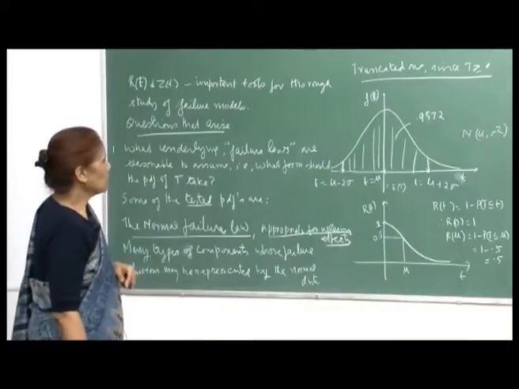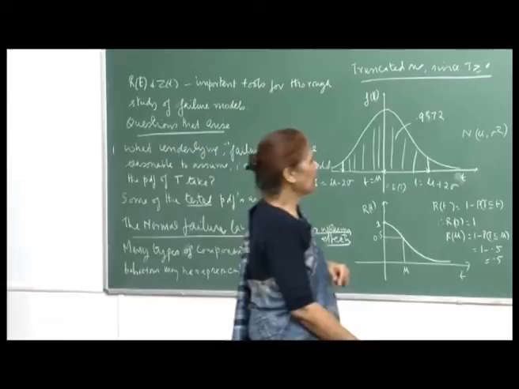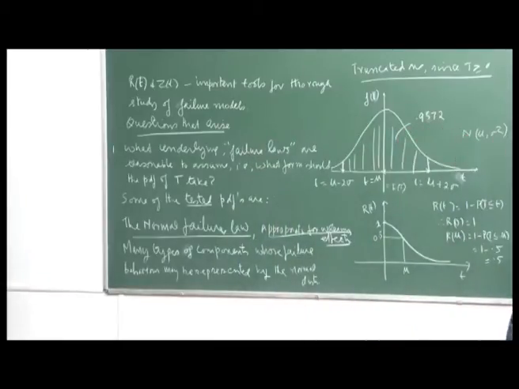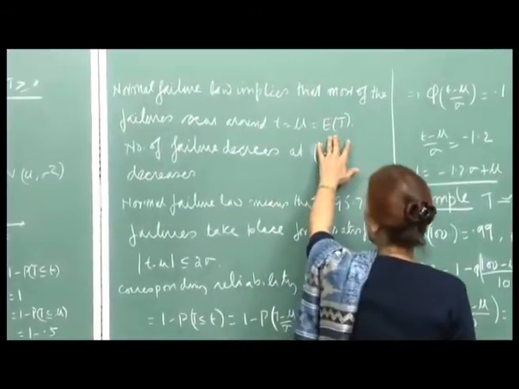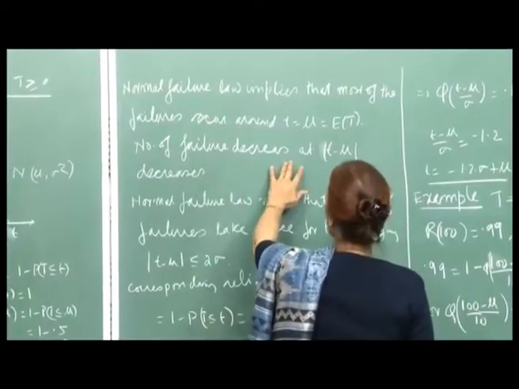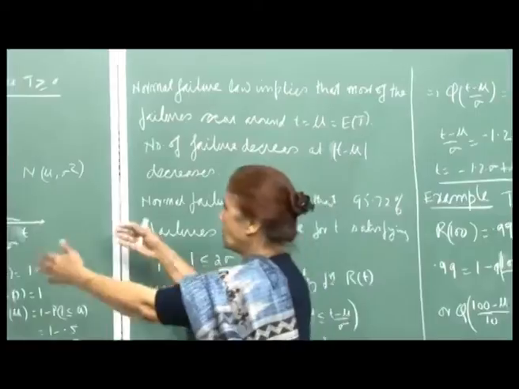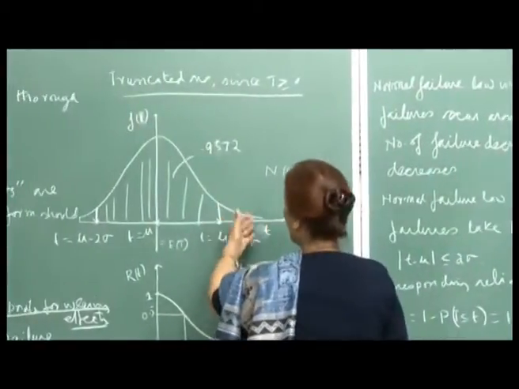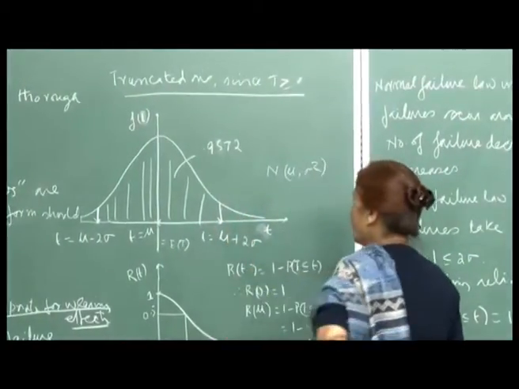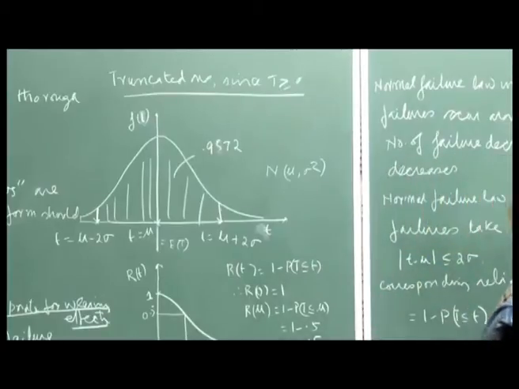So, the normal failure law implies that most of the failures occur around t equal to mu, which is the expected value, and the number of failures decreases as the absolute value of t minus mu increases on either side. So, the probability goes down.